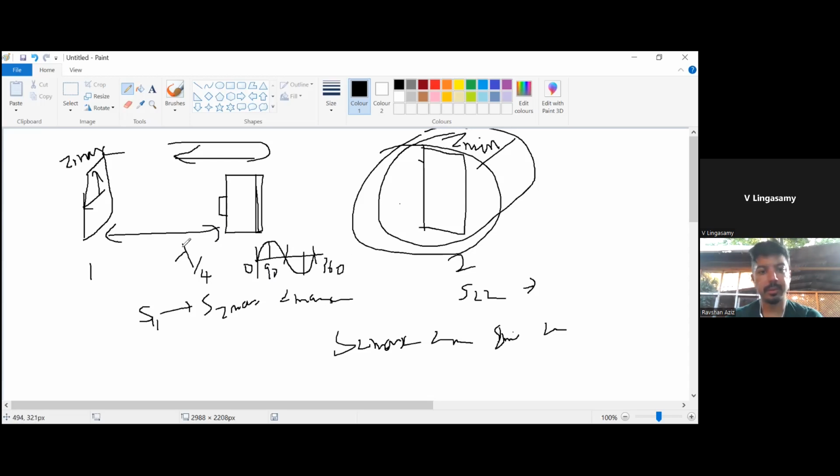If I keep a lambda by 4 distance, the wave starting from here experiences a 90 degree phase shift. It comes over here with 90 degree phase shift. Then the reflector introduces a 180 degree phase shift. Then it comes back with another 90 degree phase shift. So in total 360 degree. You will not find any offset here.